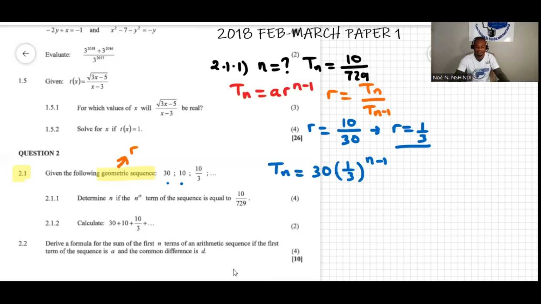It is the value that you can see, 10 over 729. So I can type in now the value of Tn. So now this will be 10 over 729 equal to 30 times 1 over 3 to the power of n minus 1.